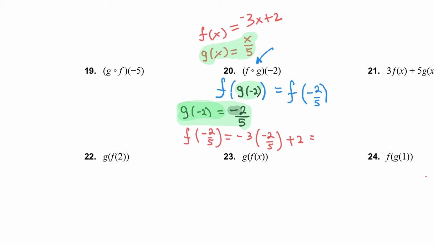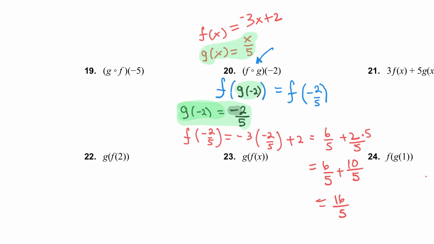So -3 times -2 is going to be 6/5 plus 2. You want to get a common denominator, you have 5, so 2 times 5 is 10, so it's 10/5. So 6 plus 10 is 16/5.